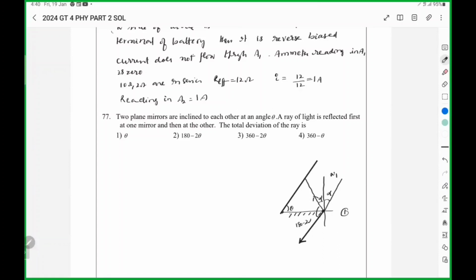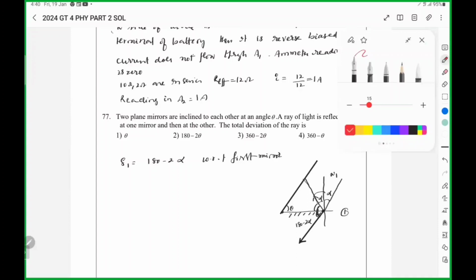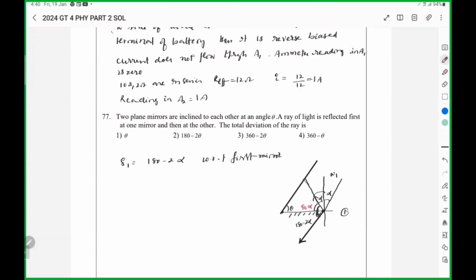So light is supposed to travel in this direction, but it gets reflected and is deviated by this angle. This is with respect to the first mirror, and this angle is alpha. This will be 90 minus alpha. Say this is x.